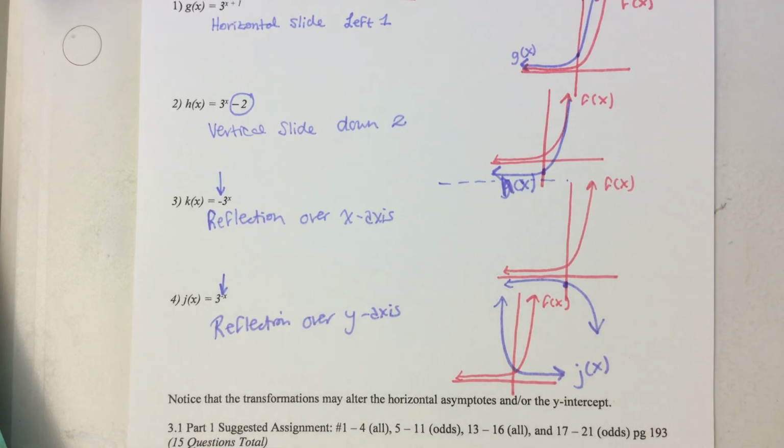That's why I said on the front side, yes, we had a horizontal asymptote at y equals 0, but once you do transformations, that can change. And on the front side of the notes, our y-intercept was always at 0, 1. But here, we're noticing that as you do transformations, your y-intercept will change. But the fact that it has one stays the same.